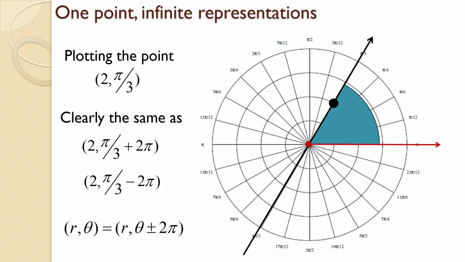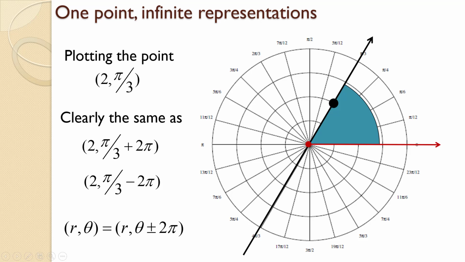Now notice though that if you wanted to, instead of going counterclockwise π/3, you can go counterclockwise π/3 and then an additional 2π radians, and the line would be right back where it was and the positive direction has not changed. So this could also be the point (2, π/3 + 2π).